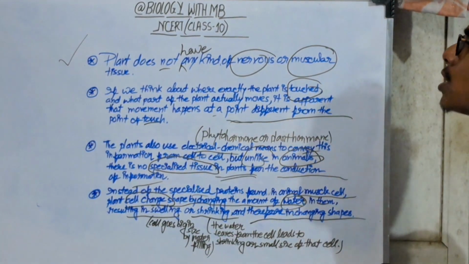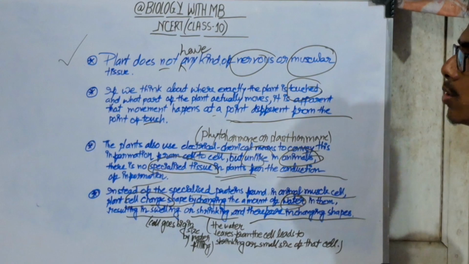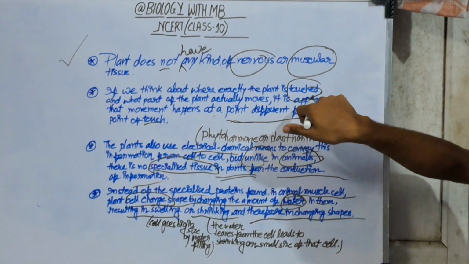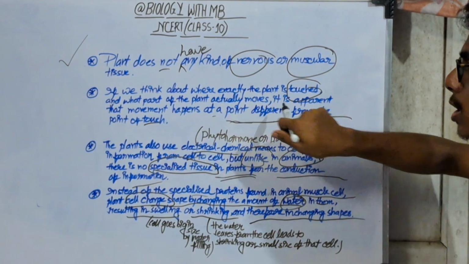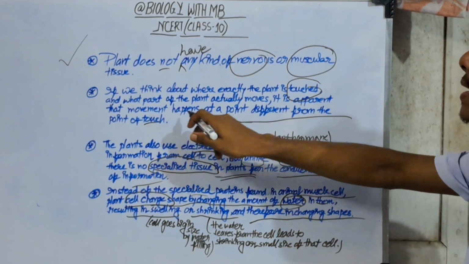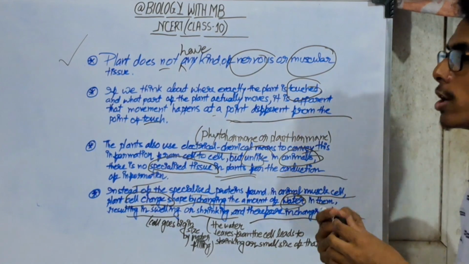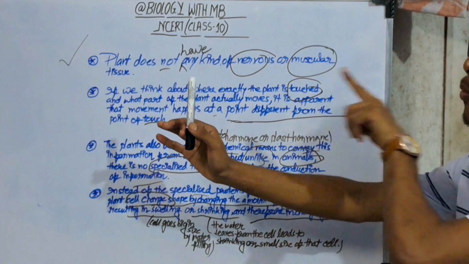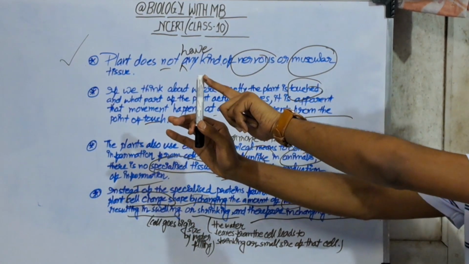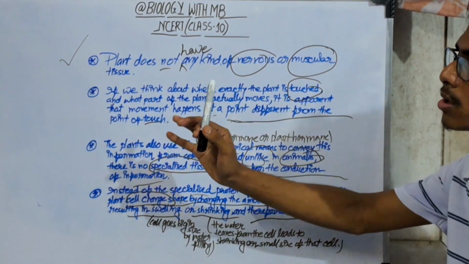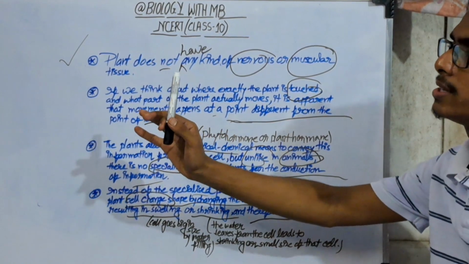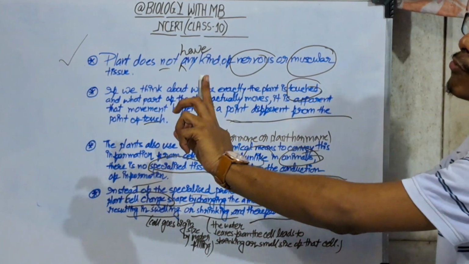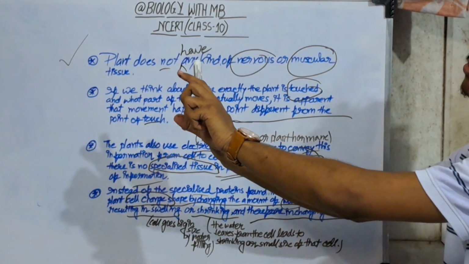Plants do not have any kind of nervous or muscular tissue. If we think about where exactly the plant is touched and what part of the plant actually moves, it is apparent that movement happens at a point different from the point of touch. Like this, when this is the plant and we touch the upper portion, the upper portion moves from that position to this position.